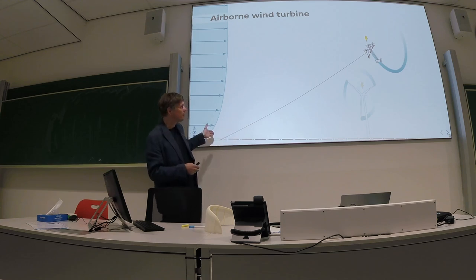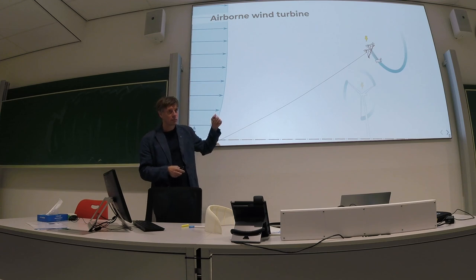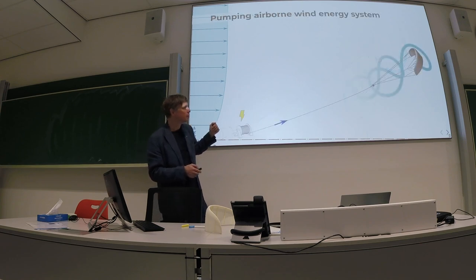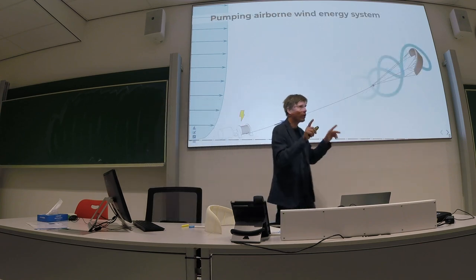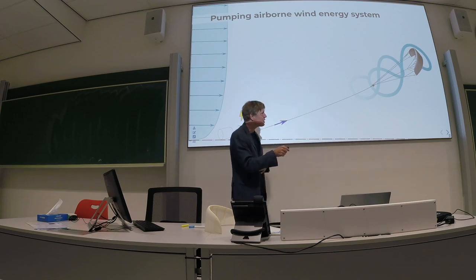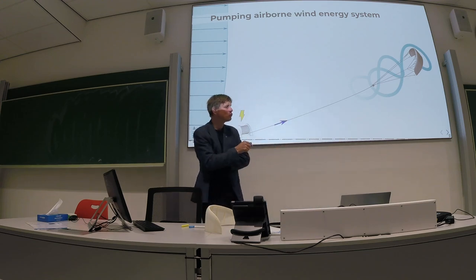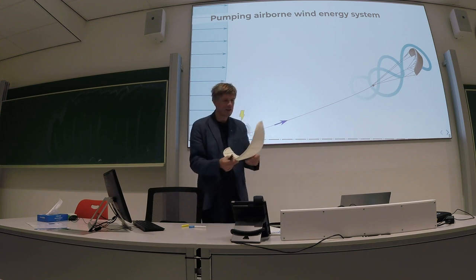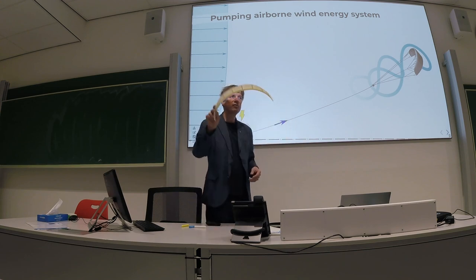And then also, not only the tether to the kite itself, but also the control tethers. How much do they contribute? We call them bridle lines, but they are control tethers. Yeah, they also exert drag. Just to give you an example, this kite here is a 25 square meter kite.